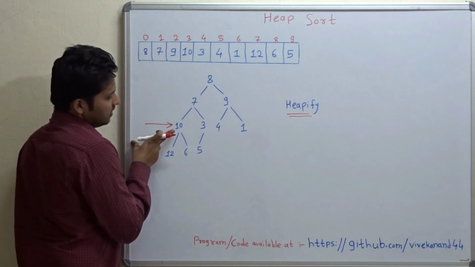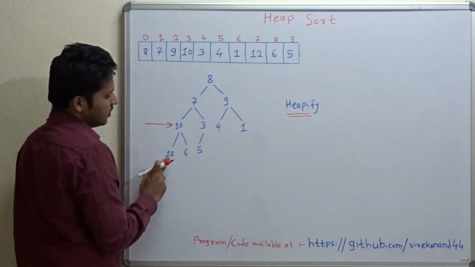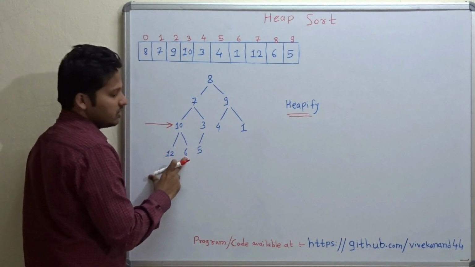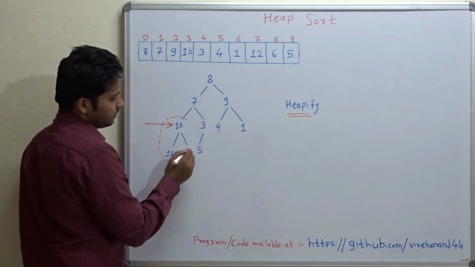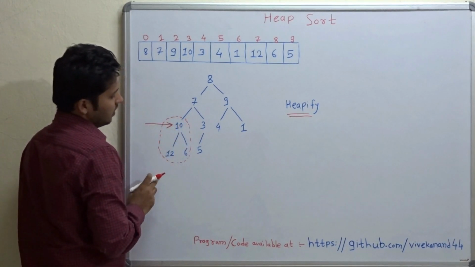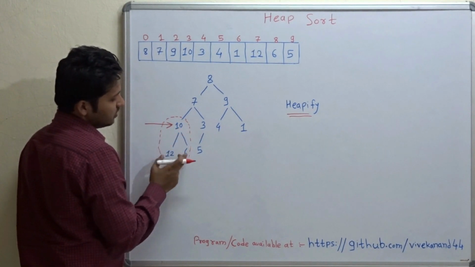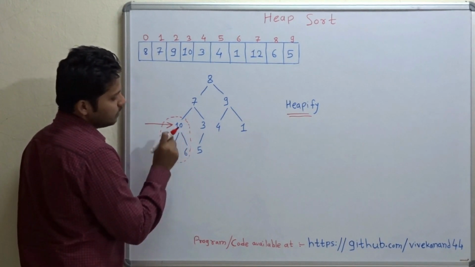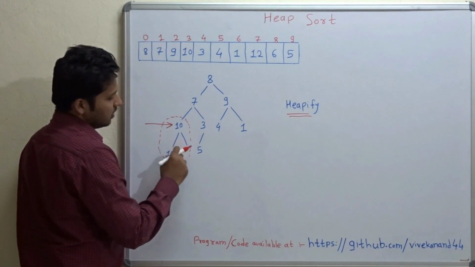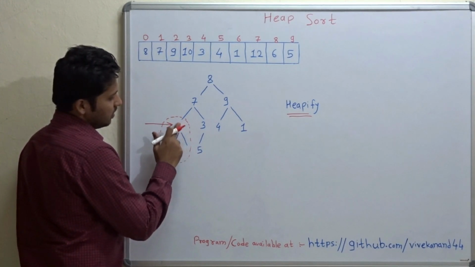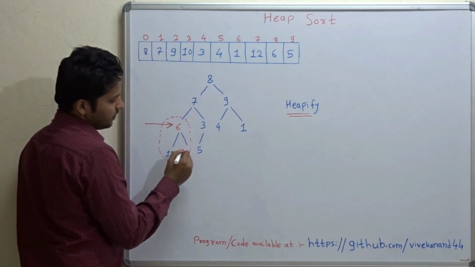Now, 10 is a node and 12 and 6 are its children. So I will make a circle here. Out of these three nodes, which node has the minimum value? Yes, 6 is minimum. So we have to swap 6 with 10.